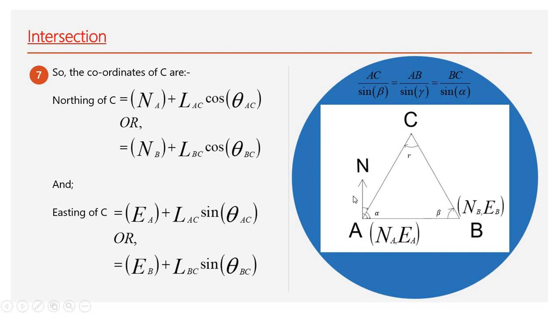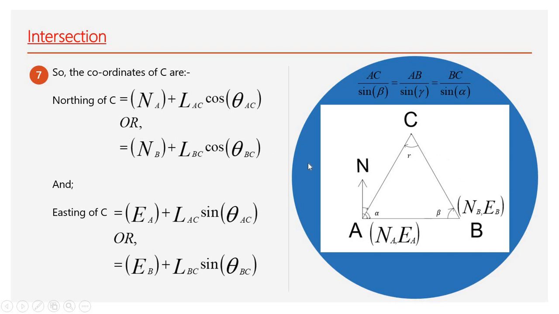Northing of C, if calculating from A, equals northing of A plus the length AC times cos theta AC, where theta AC is the bearing. And if we are calculating from B, northing of B plus length BC times cos theta BC.